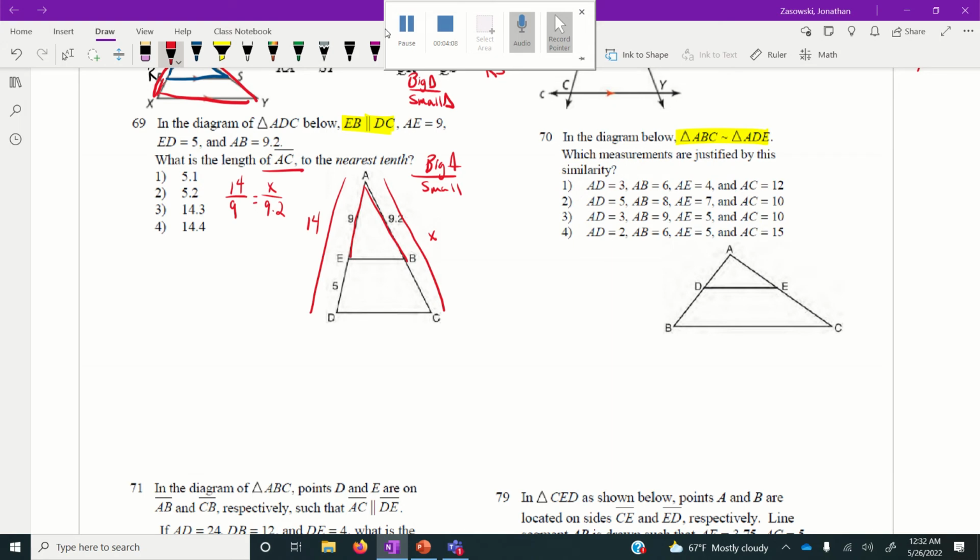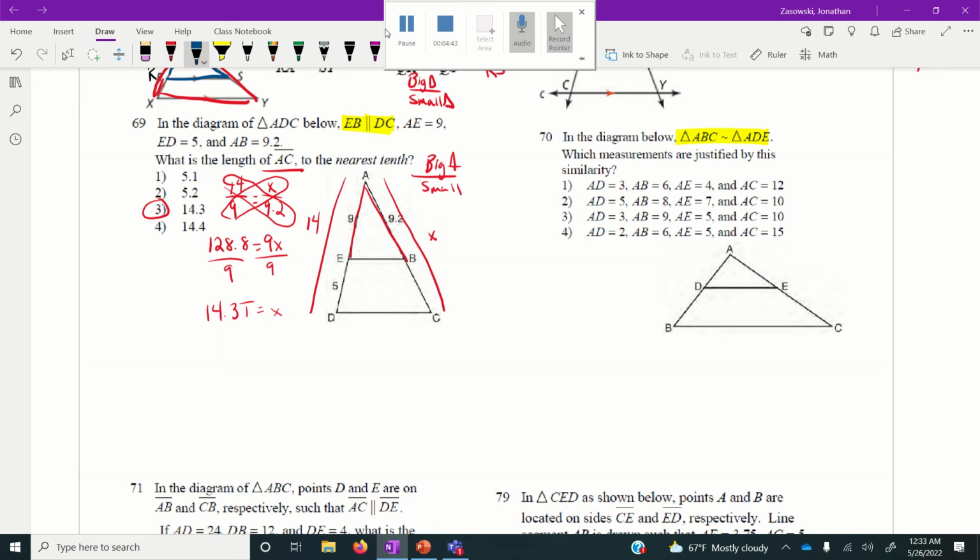So we're going to multiply 9 times x, which we hopefully know by now is just 9x. And then 14 times 9.2, which turns out to be 128.8. Last step is divide by 9, and we get an answer of 14.31 repeating. So 14.31 would be the most appropriate choice.